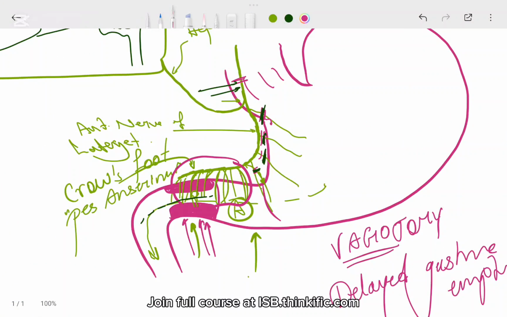Anyway, this is all you need to know about the anterior vagal trunk, right? It gives a hepatic, or hepatobiliary, branch that supplies the liver, gallbladder and the biliary tree.